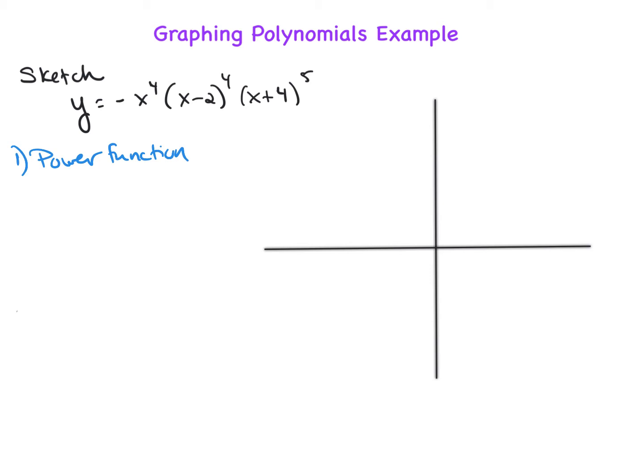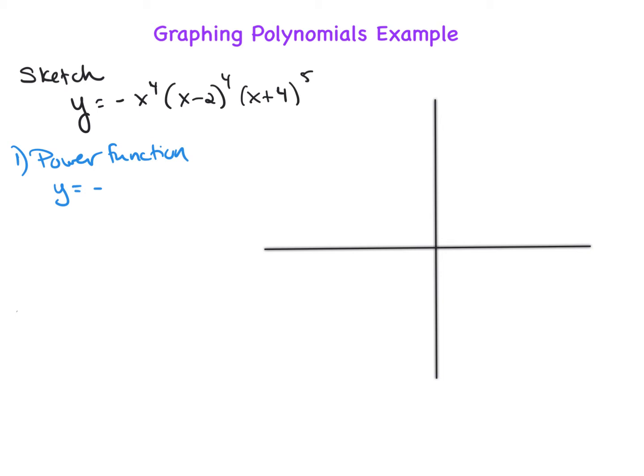And that's going to be, for this problem, y equals negative. We'll include the coefficient out front. And then I need to figure out how many x's would be in the very first term, or the most powerful term. So it'd be x to the fourth times another x to the fourth, and here times x to the fifth, that would be the biggest term.